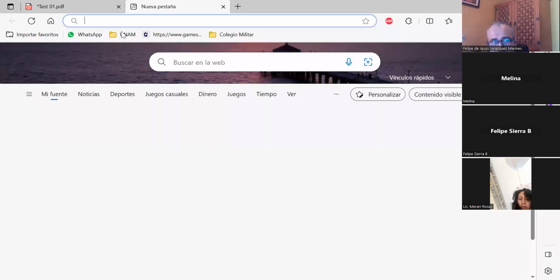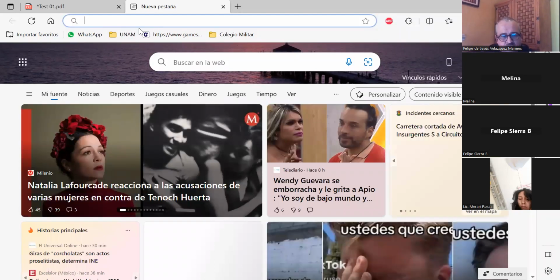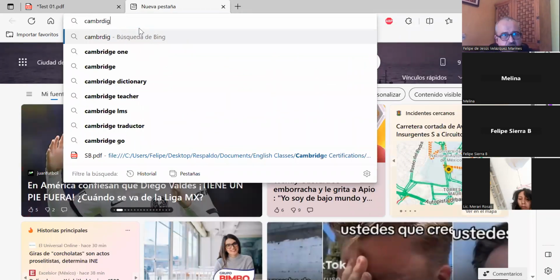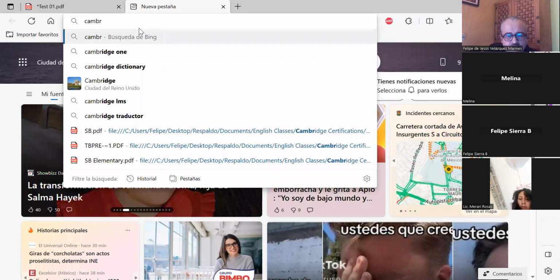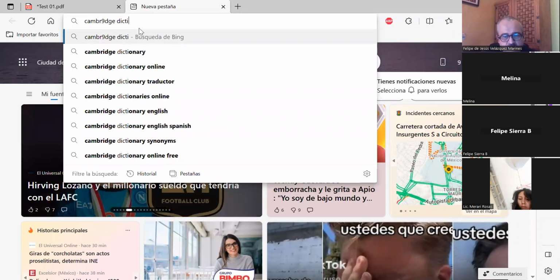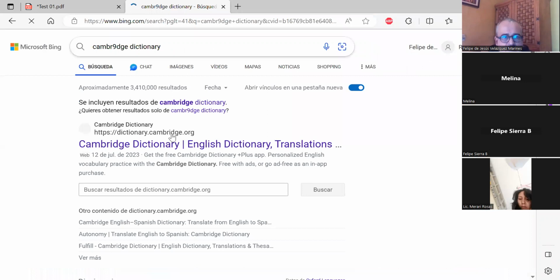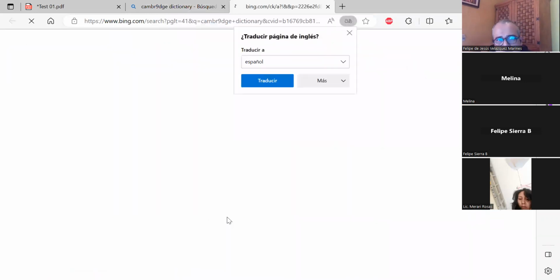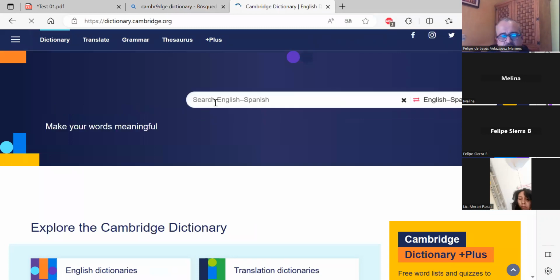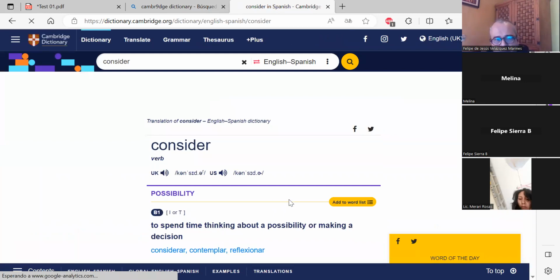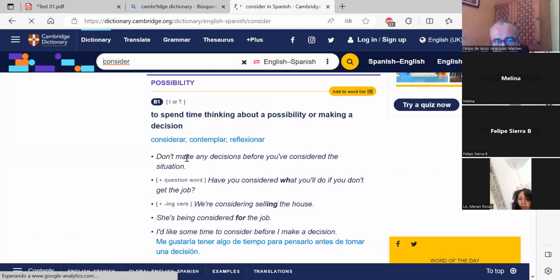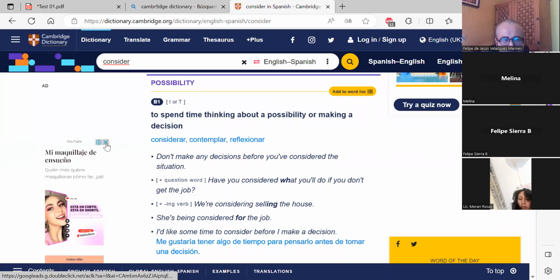In order to know the verb pattern, I recommend to use the Cambridge Dictionary. If you use the Cambridge Dictionary online, and you use the verb consider, to know the pattern of the verb, go to the section where they explain the patterns.